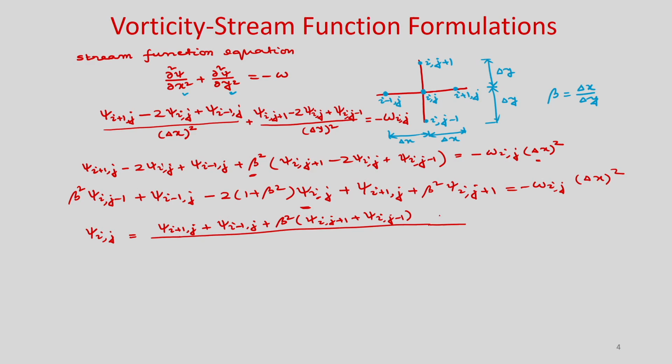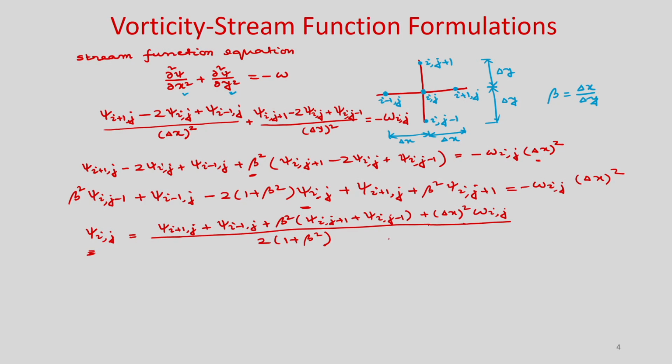Okay, and this minus moves to the other side, so it will become plus delta x square into omega(i,j), divided by 2 into (1 plus beta square). Okay. So, if you are using an explicit type solver, then you can solve for psi(i,j) at iteration level k plus 1, and you can take the best available values.